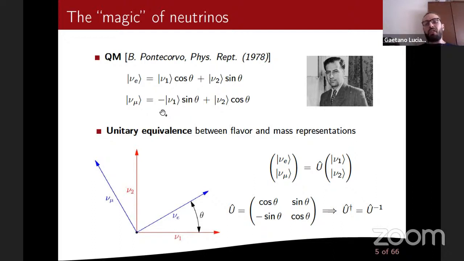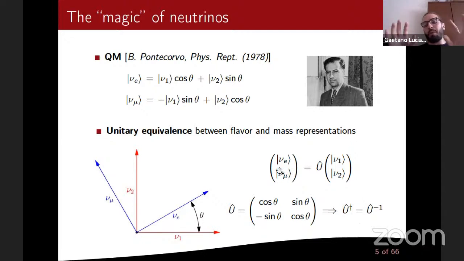These considerations work in quantum mechanics because here we are considering single-particle states. In quantum mechanics the phenomenon is very easy to explain, because we have just a rotation between these two bases, these two representations. Rotations are, as is well known, unitary transformations, because they satisfy this property.